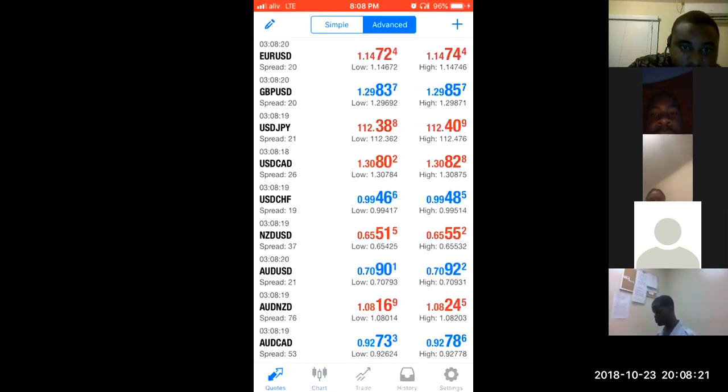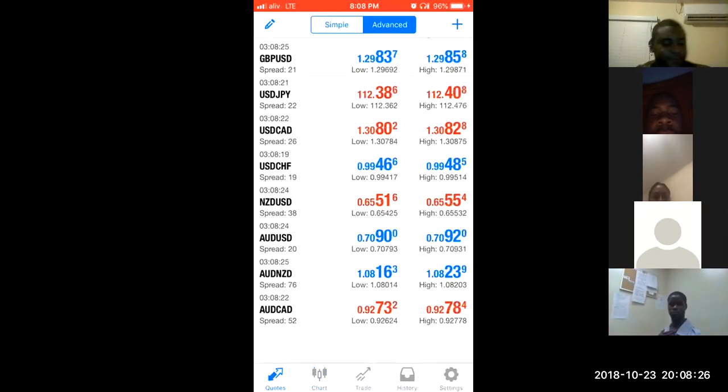Right now, y'all can see that you don't see GJ in this column. GJ ain't nowhere here. So I know all my pairs ain't here.